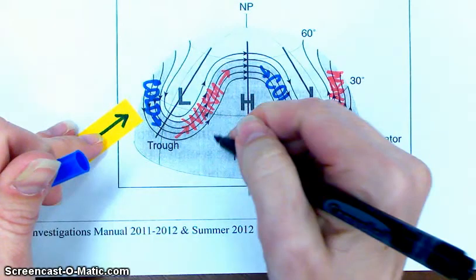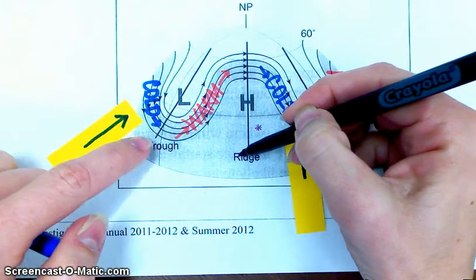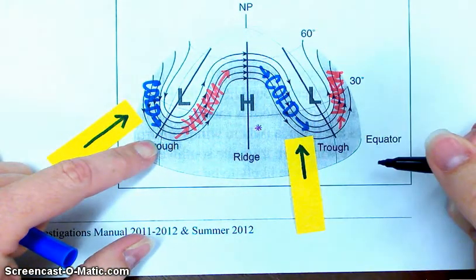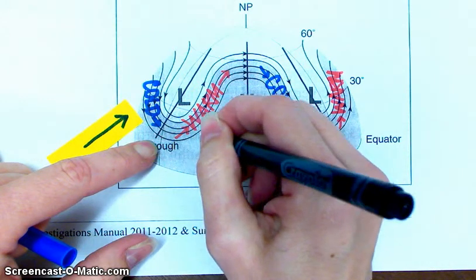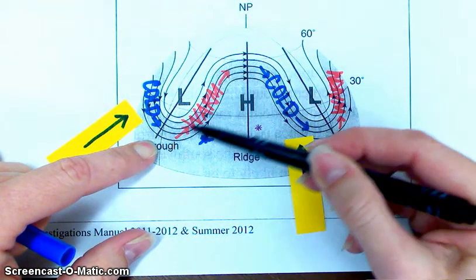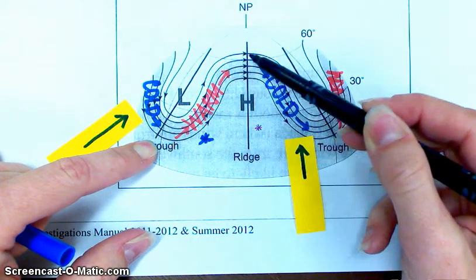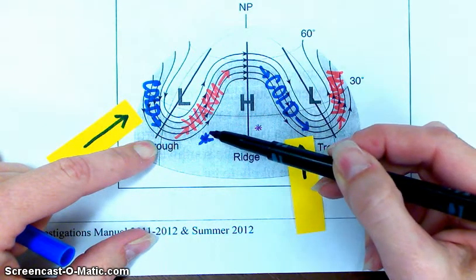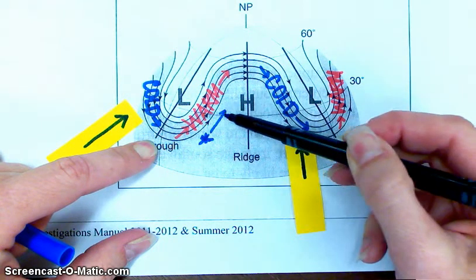If it was located west of the ridge line, east of the trough line, we're going to put it in this area somewhere. And you notice that the strong winds are going from southwest to northeast. So you would expect the low pressure system to also migrate in that general direction.